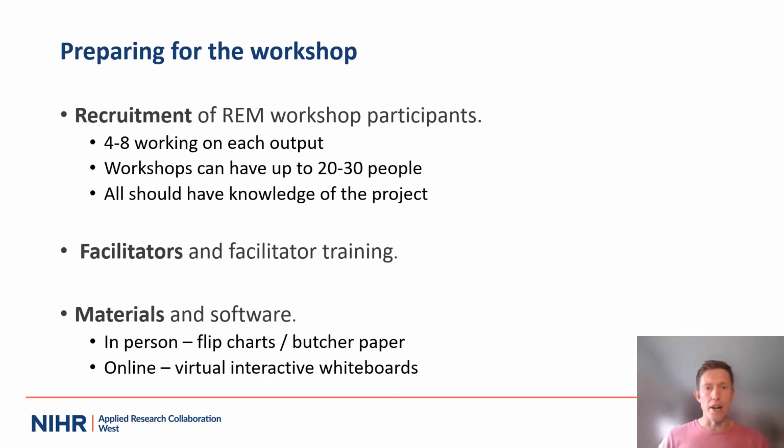So the first bit then, when preparing for the workshop. The first point to note is on recruitment, who to invite and how many people to invite. Our experience would suggest that around 4 to 8 people could work well within one ripple effect mapping output at any one time. If you have more than 4 to 8 people, then they might not have the opportunity to fully contribute to that particular output or that particular conversation.